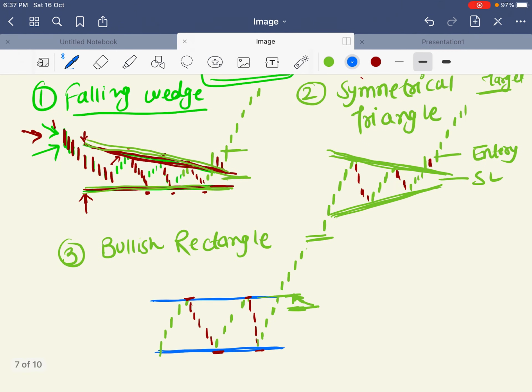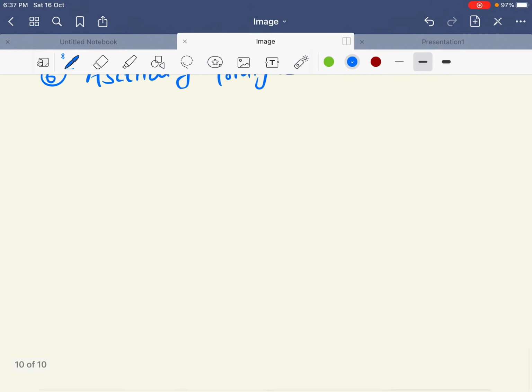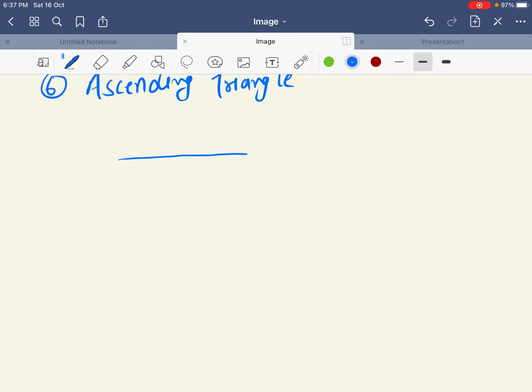So it is the inverse of this, and it looks like this, let me just draw this. So this is a straight line, and this is an inclined line. How does the trade enter?